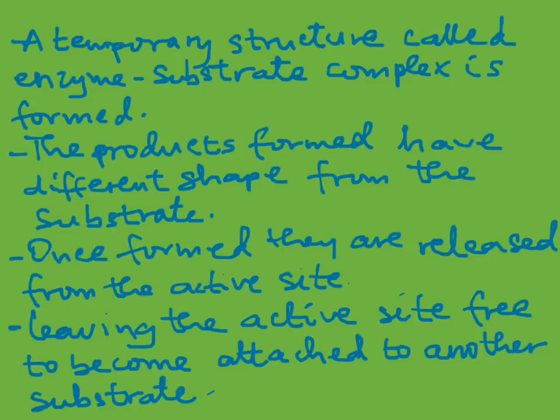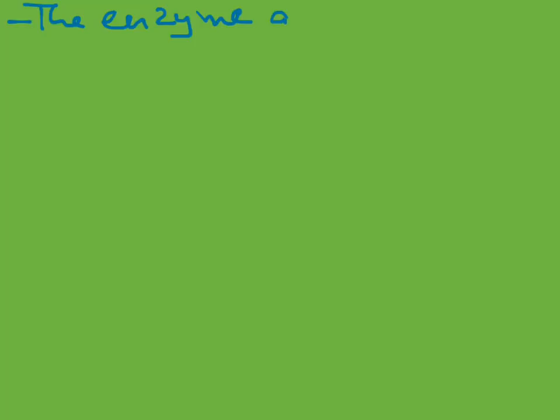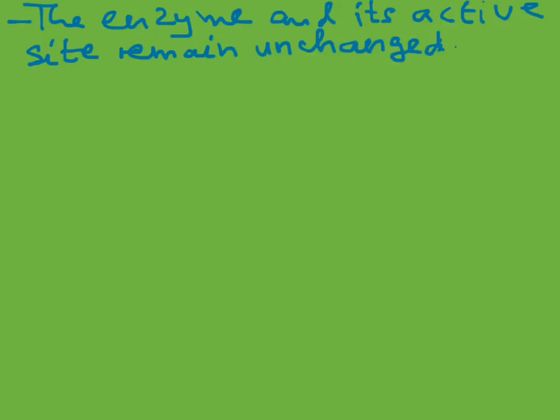That is, immediately the enzyme product complex is formed, the product leaves the active site of the enzyme, thereby allowing the enzyme with its free site to bind to another substrate to carry out another reaction. The enzyme and its active site remain unchanged.